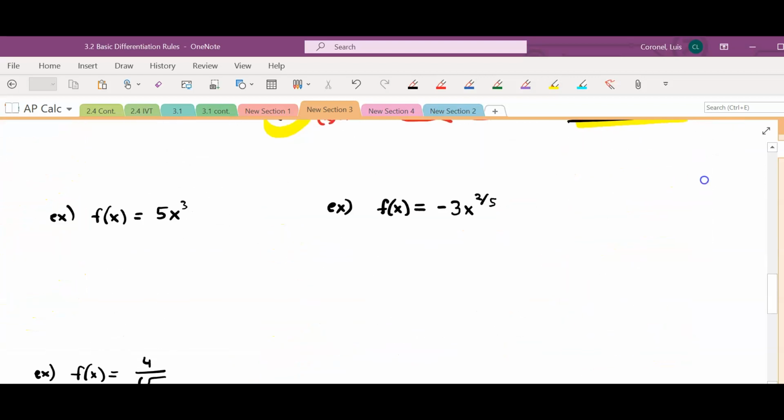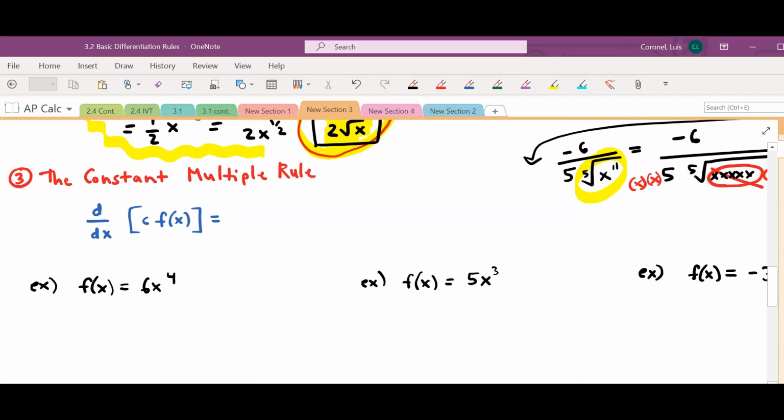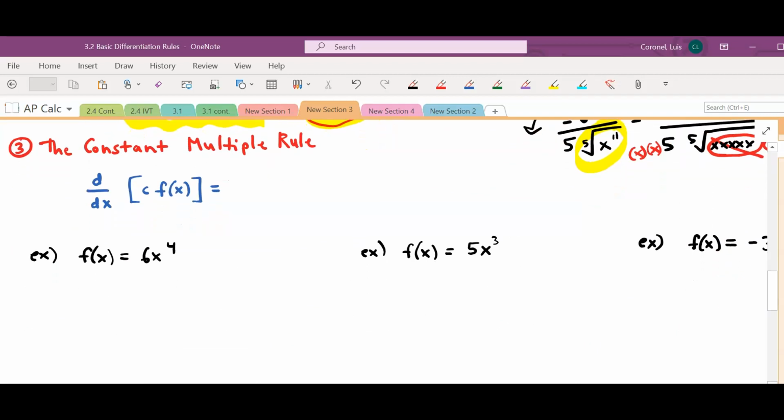Alright, so we now have the constant multiple rule. With derivatives, whenever you have a number in front of your function, you can deal with that number later. You don't have to deal with it right away. What I mean by that is, let's say you want to find the derivative of your function, you want to find f prime.